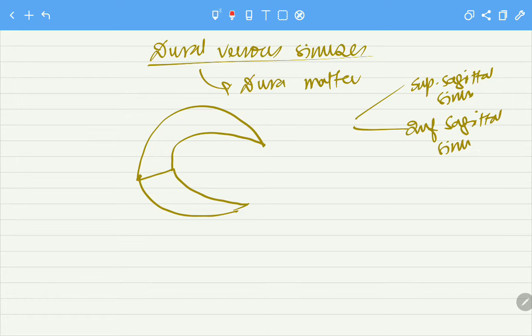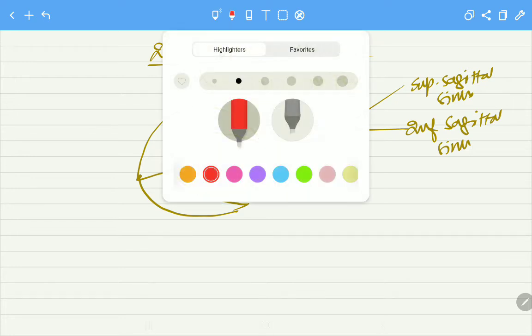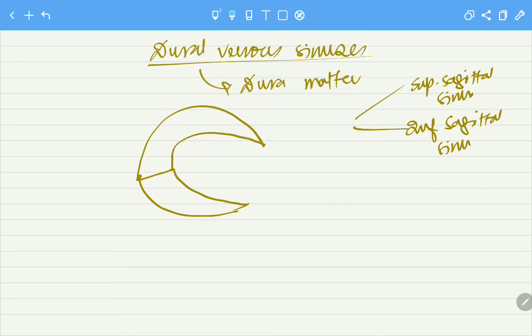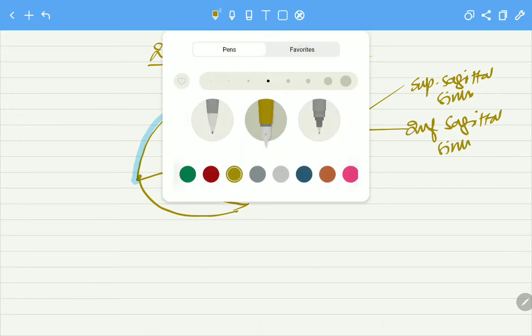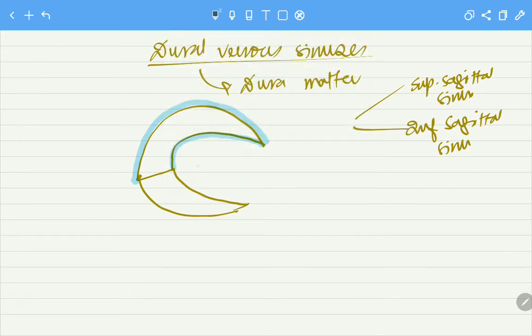So if I now draw, let's make it blue to be more realistic. This is our superior sagittal sinus. It is coming to the internal occipital protuberance, and this is our inferior sagittal sinus. It joins with the great vein of Galen to form the straight sinus. So this is our straight sinus.